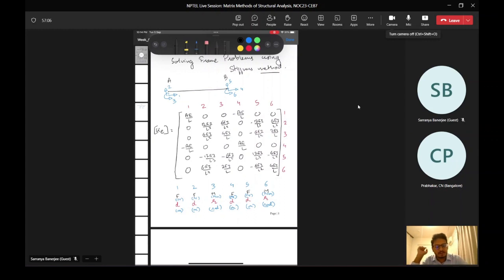So for this element we need newton, for this element we need newton meter, but the whole second column element is actually meter, because this is the vertical displacement at point 2.